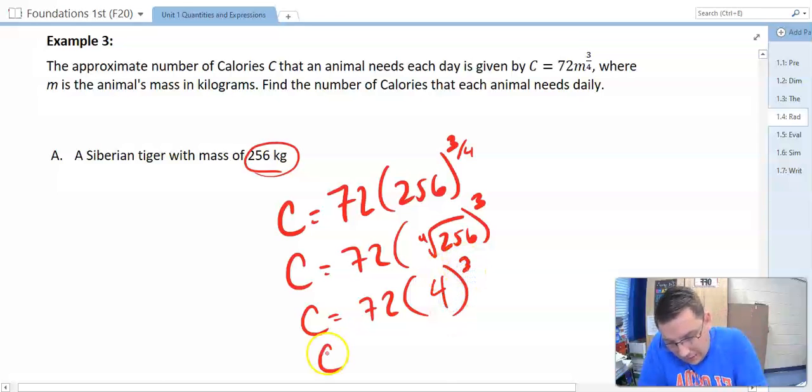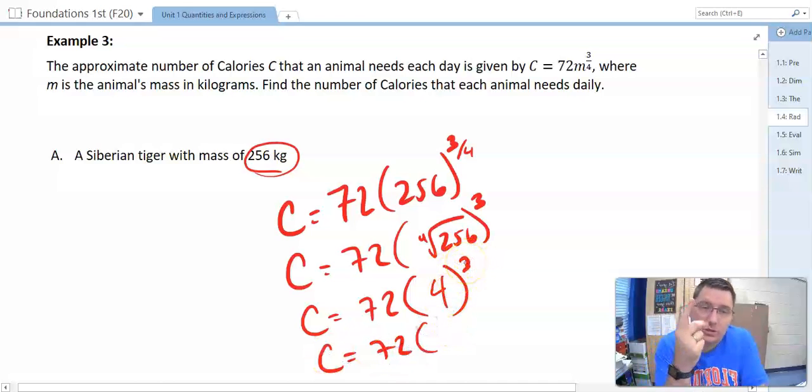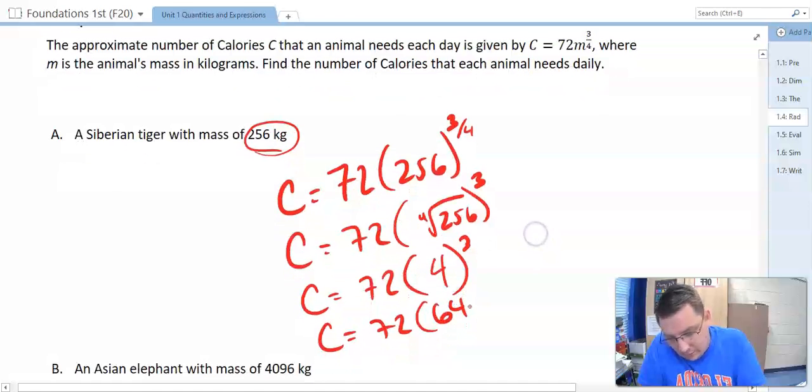To the 3rd power. And so C is equal to 72 times 4 to the 3rd, so 4 times 4 times 4 is 64. And finally, multiplying this out, 72 times 64 is 4,608.